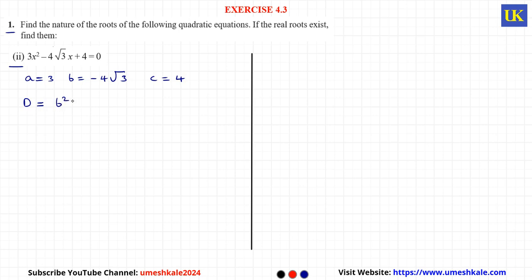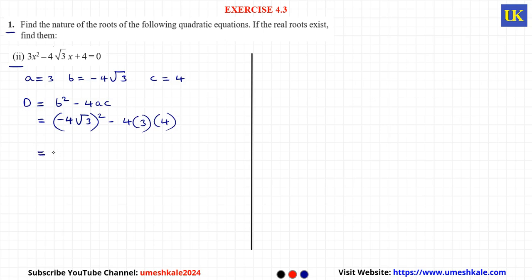So D is equal to b square minus 4ac. So how much is b? b is minus 4 under root 3, square, minus 4. a is 3, and c is 4. Now we will first solve this.